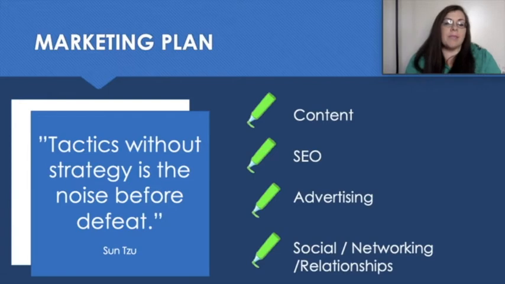Build a marketing plan. Tactics without strategy is the noise before defeat. Like I said, you need to strategize. You need to have tactics. You need to have a specific direction in order to be successful in your marketing, whatever that marketing plan looks like. So, addressing content. What kind of material are you going to put out? Are you going to circulate that material?